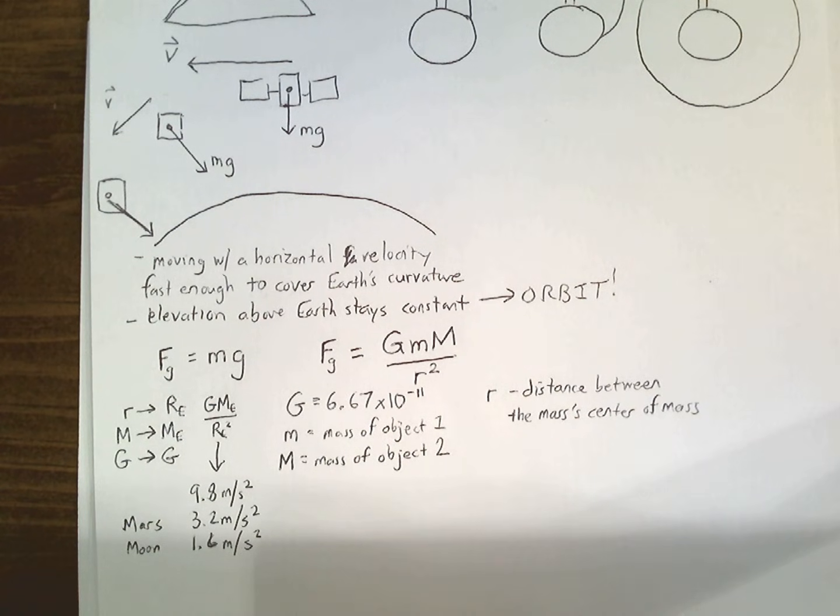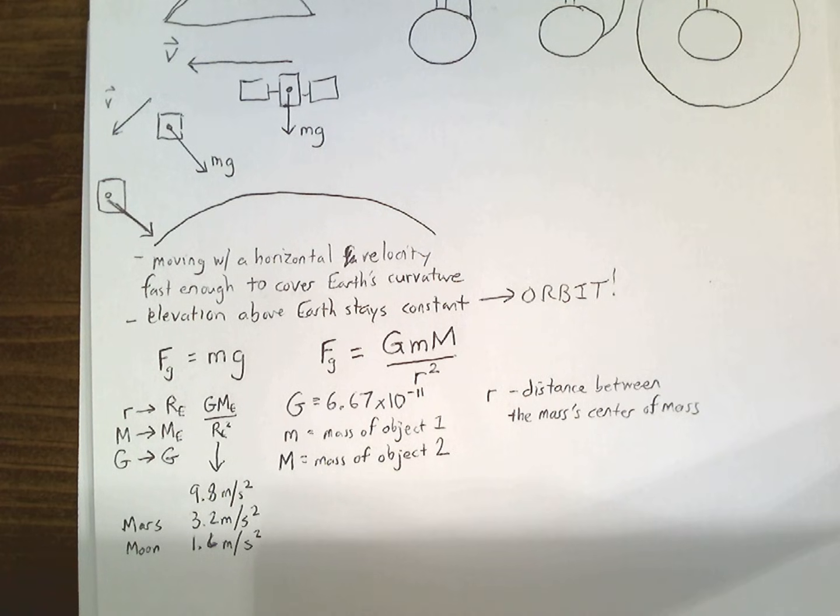A couple things to think about with this new universal gravitational formula is that G is really small. This 10 to the minus 11 means that this force, in the grand scheme of the universe, is pretty small potatoes. Gravity doesn't do a whole lot fundamentally.